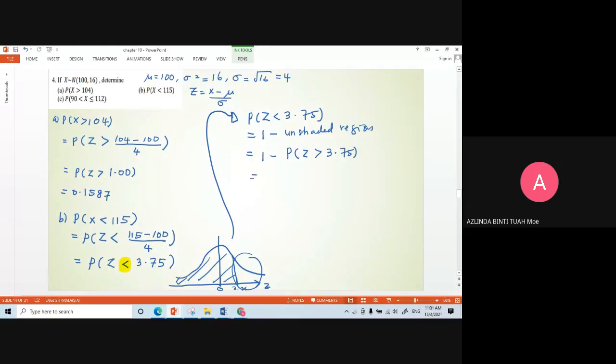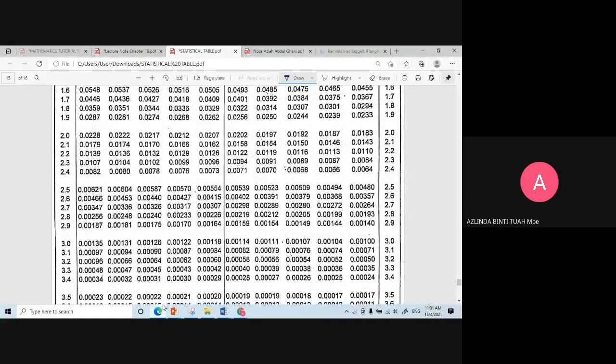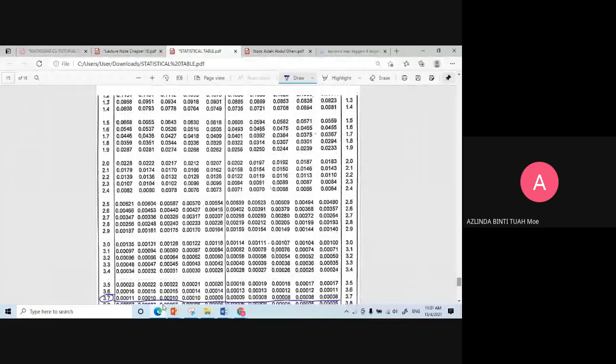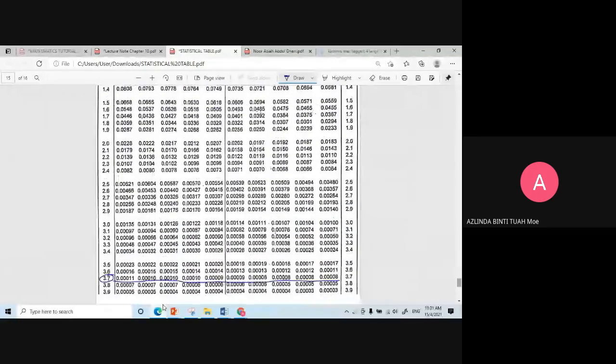Okay, boleh terus tengok table. 3.7 di left column, 0.05 di top column, top row. 3.75 di left column, 3.7. So possible answer di bahagian sini. Last digit 0.05 berada di sebelah kanan yang tengah.